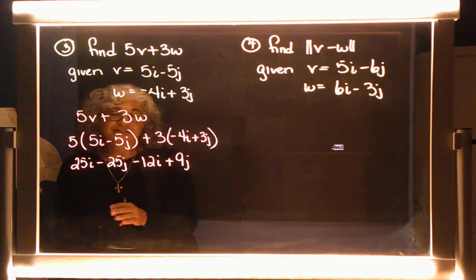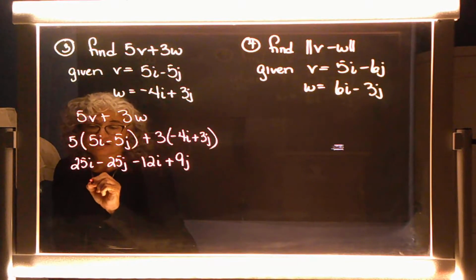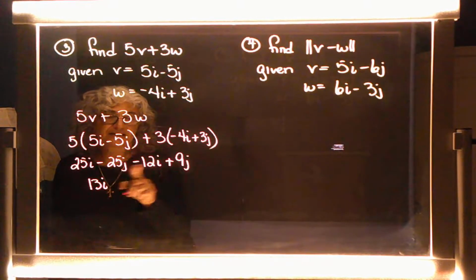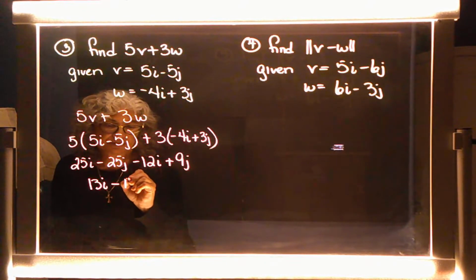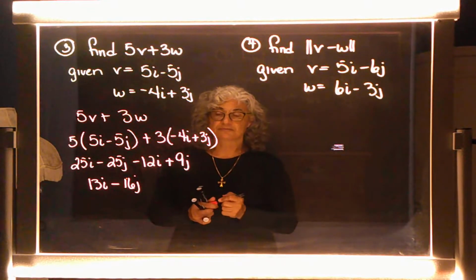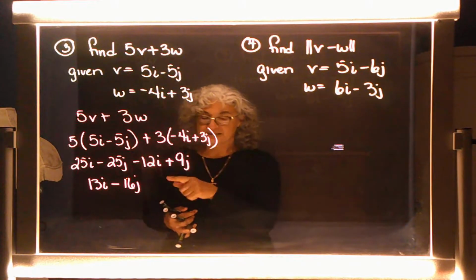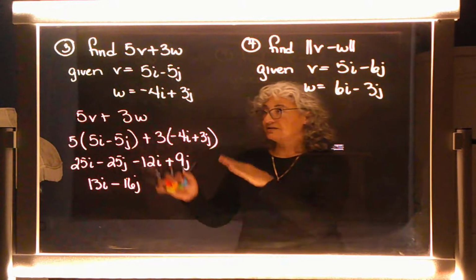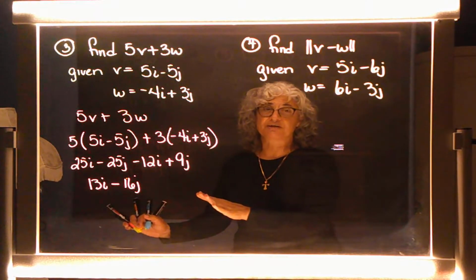So I'm going to collect like terms. I'm going to combine these i's. So I get 13i, and then I'm going to combine the j's, and I get 16j. Cool? Excellent. Good on that? Cool. As I said, please don't overthink this process. Even the last two problems, don't overthink them.